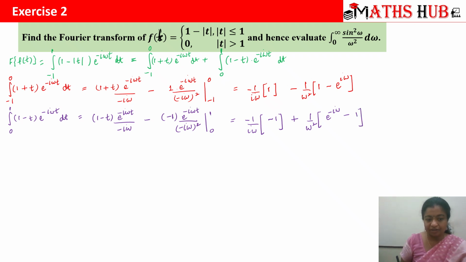Let us put the values in this integral. So the integral will become minus 1 by i omega plus minus 1. I'm opening all the brackets. Minus 1 by omega square plus e power i omega by omega square. Then I'll get a plus sign from here, 1 by i omega.